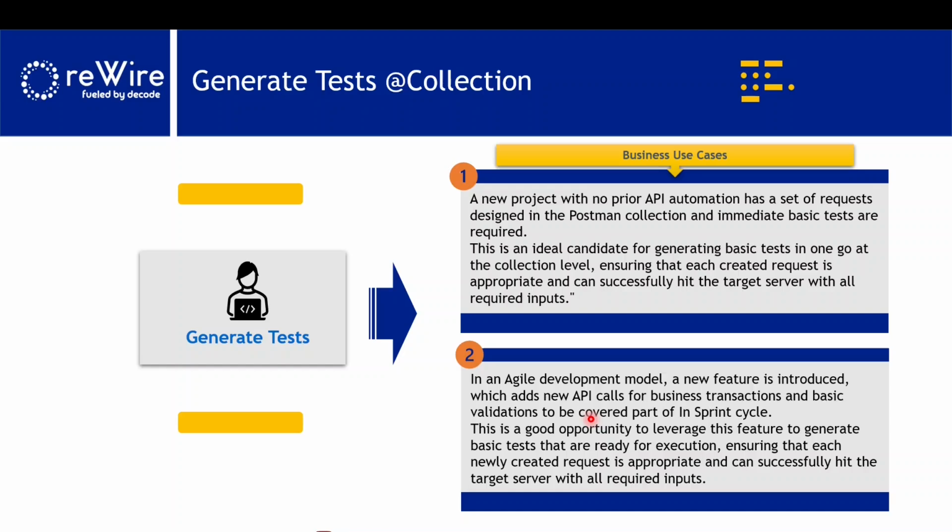But there are a bunch of cases. If we go deeper, we can come across many use cases that can be leveraged by this particular feature of Postbot. As of now, I'm limiting this session and scoping it to these two business cases so that you can relate to any requirement you come across.